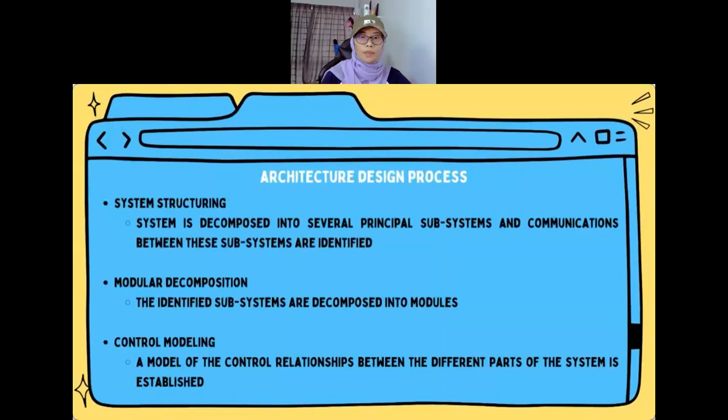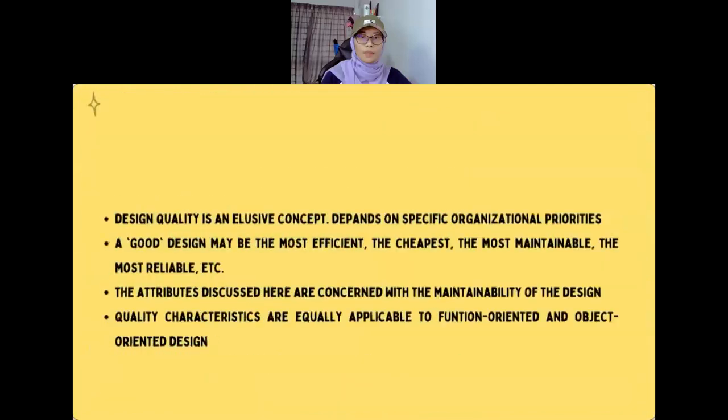System structuring: a system is decomposed into several principal subsystems and communication between these subsystems is identified. Modular decomposition: the identified subsystems are decomposed into modules. Control modeling: a model of the control relationship between the different parts of the system is established.